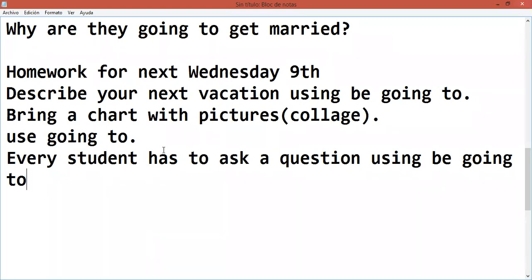So, in this case, if somebody talks about the next Christmas or the next birthday, he's going to talk about his next birthday. Pablito is going to ask a question about his next birthday, right? For example, if he says, for my next birthday, I'm going to get up at 9 a.m. and I am not going to have classes in English. Yes? So you can ask him, why aren't you going to have classes?